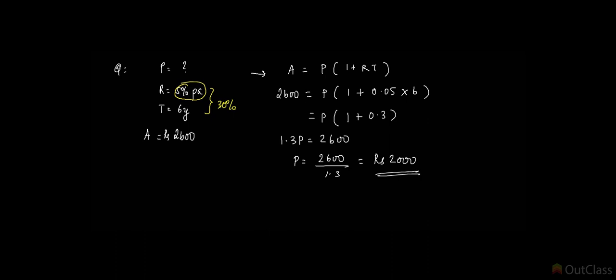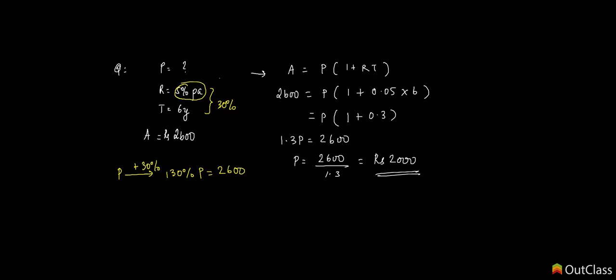That's where I'm driving at. 5% per year for 6 years is basically 30% of the principal. So what that means is that when the 30% is added to the principal, you're gonna get a value which is 130% of the principal, and that's what is given to us as 2600.